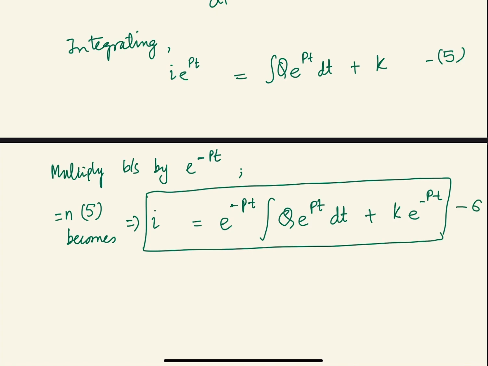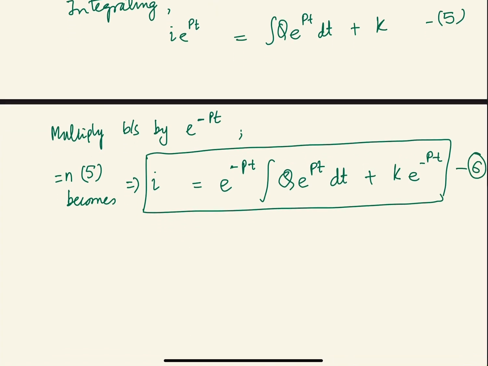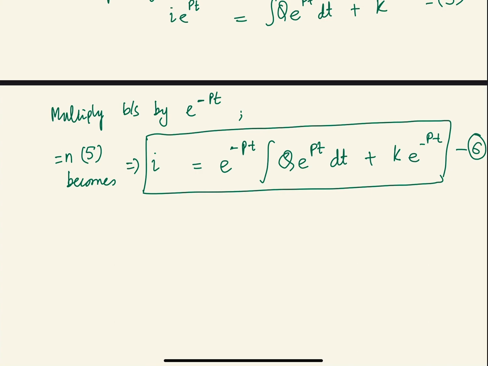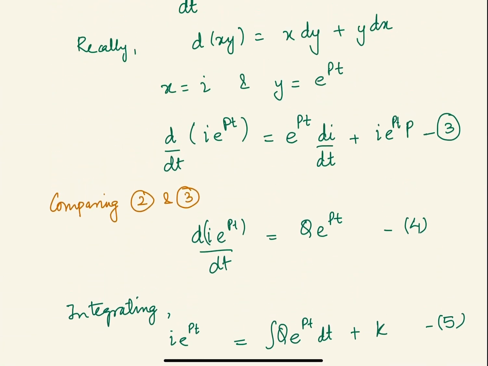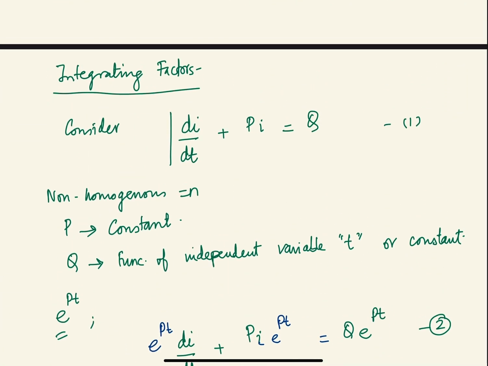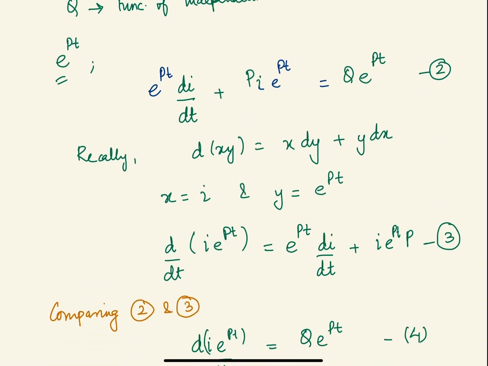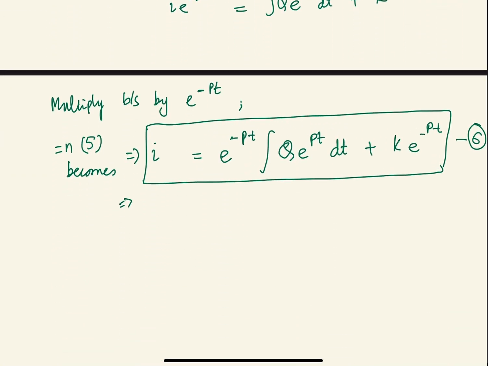This is equation number 6, the general solution for the current i. So we started off with equation number 1, a non-homogeneous equation, and we solved it and ended up with equation number 6.